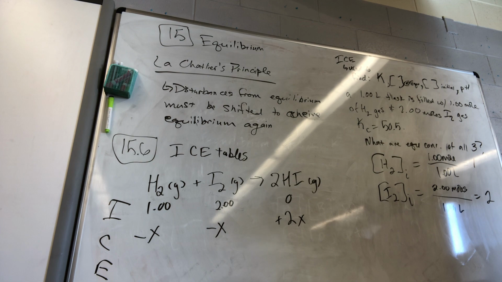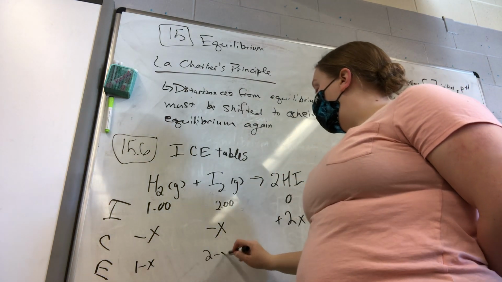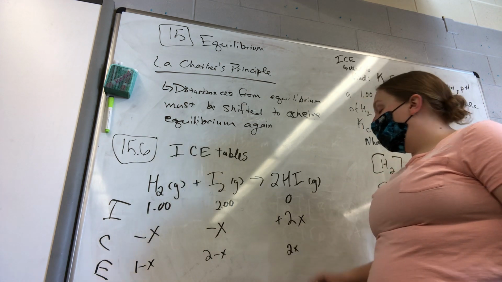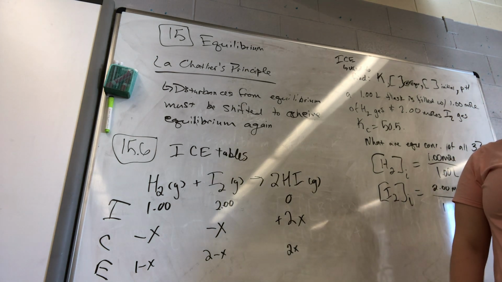Okay. Then at equilibrium, we know you did not get to ignore changes in x until chapter 17, boys and girls. Did a lot of math.